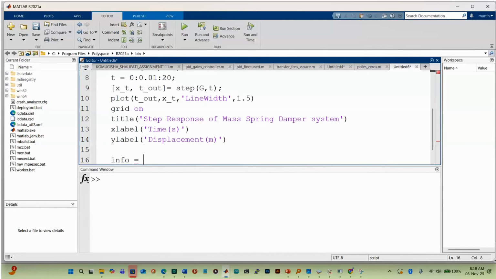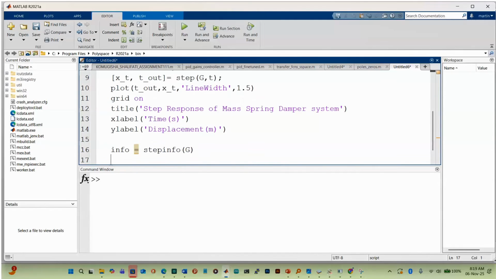Then you look at the overshoot, the undershoot, and all of that. So we are giving it info equal to stepinfo of our transfer function. Then next is to display the info.